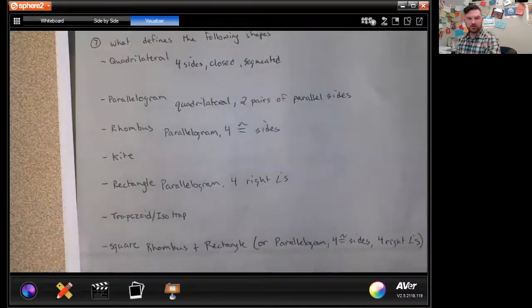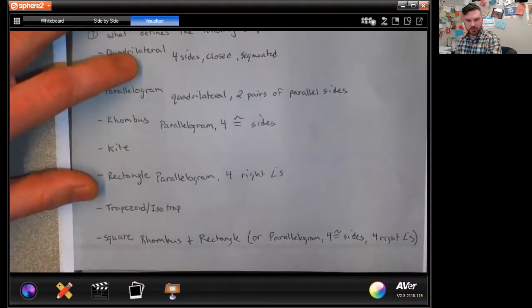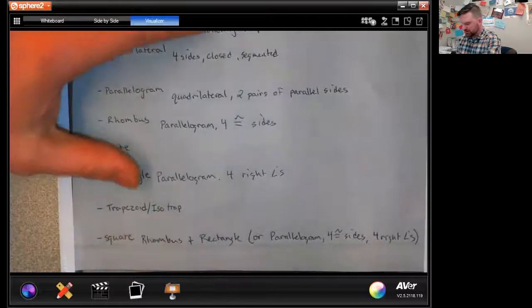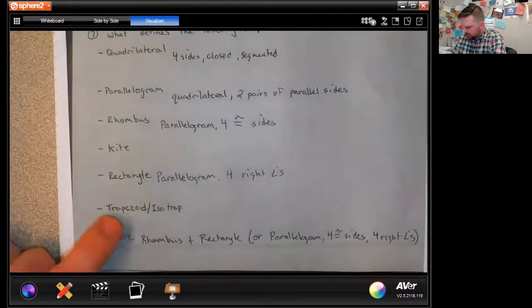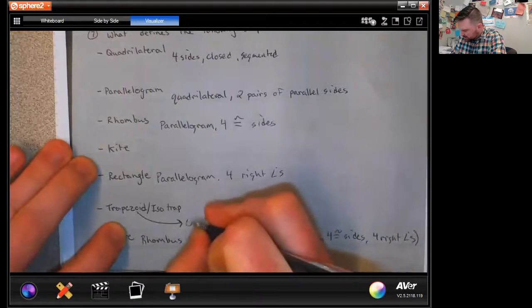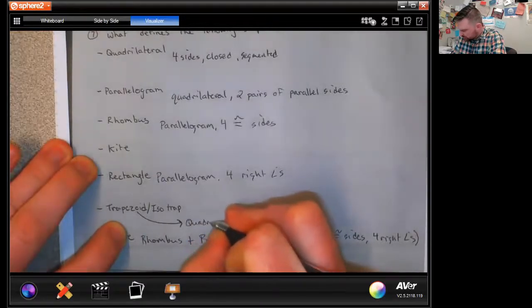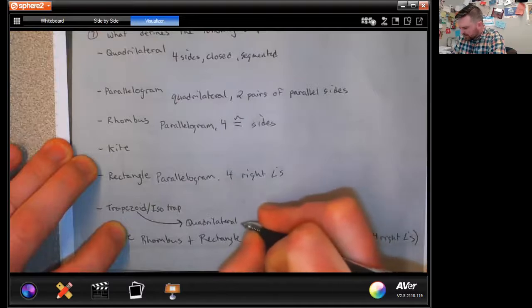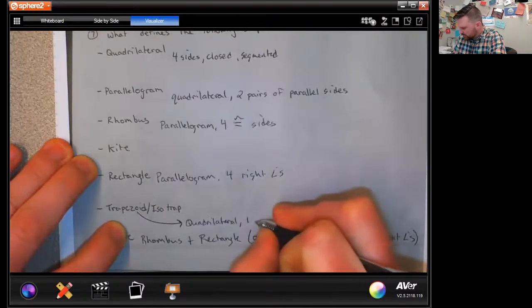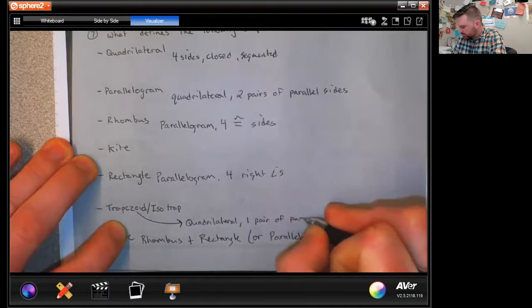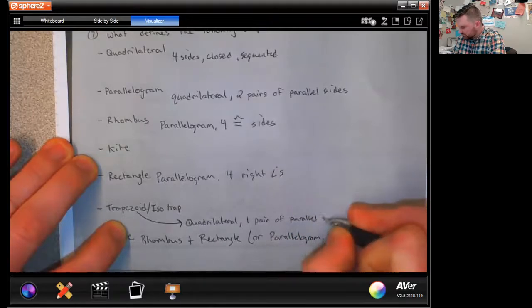Okay, you could have said that. Okay, here I put these on the same one, but they're two different things. So a trapezoid, we'll just do trapezoid right here, is a quadrilateral and it has one pair of parallel sides.